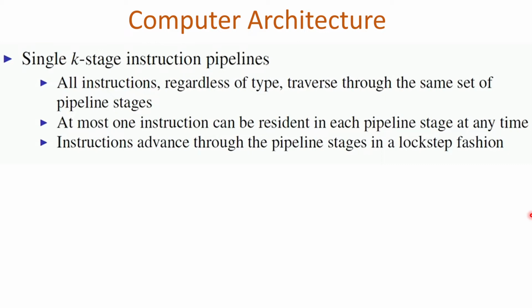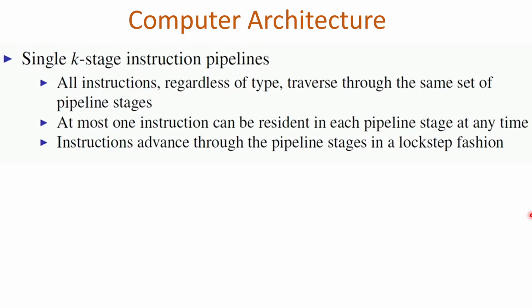That means if there are n stages in a particular pipeline, then in an ideal situation, with no stalling or hazard, each stage will be busy with at most one instruction at a time, and the output we get from the pipeline is one instruction per clock cycle.